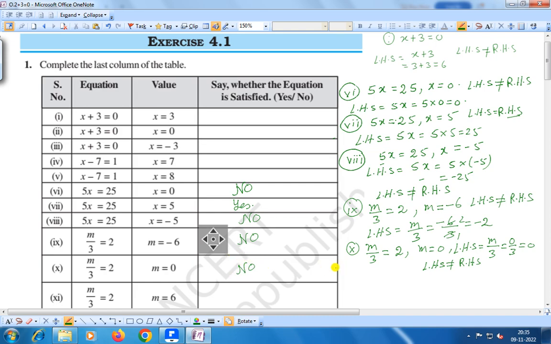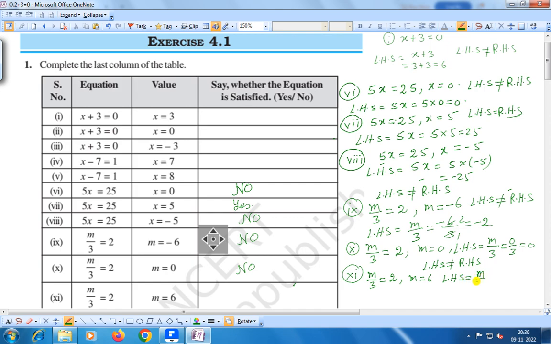Now, question number 11. Question number 11 is m by 3 is equal to 2, where m is equal to 6. Now, left hand side is equal to m by 3.